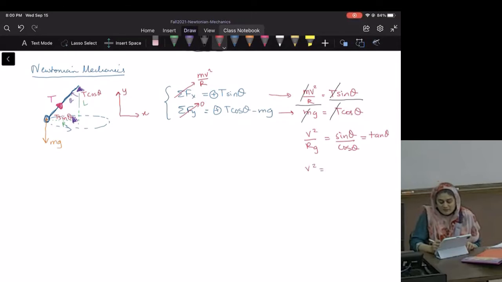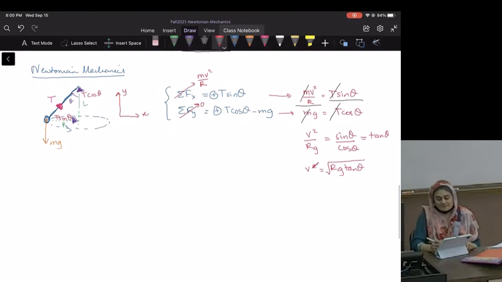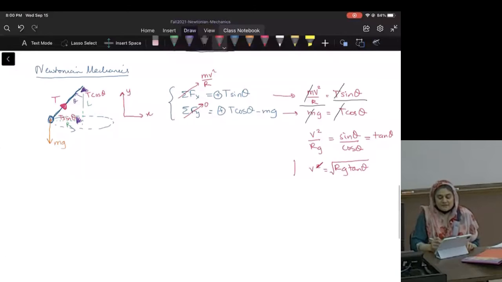So v squared becomes rg tangent theta. I can get rid of this v. That's an equation worth knowing. Now for circular motion, what did we say v was? 2 pi r over T equals square root of rg tangent theta.